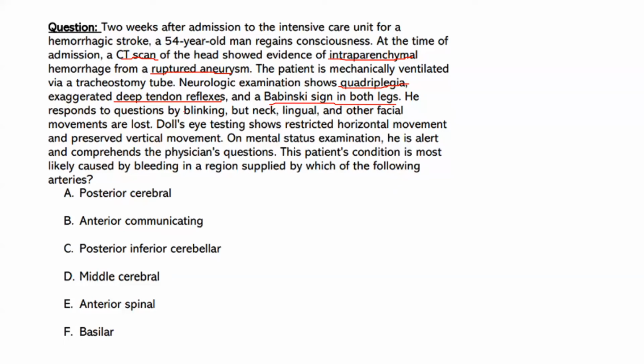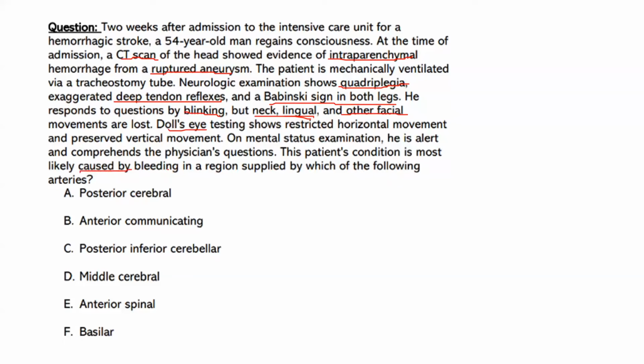He responds to questions by blinking, but he can't move his neck, he can't move his tongue, or any of his other facial movements. All right? They did a doll's eye test, and it shows restricted horizontal movement, but preserved vertical movement. And on a mental status exam, he's alert and comprehends the physician's questions. This patient's condition is most likely caused by bleeding in a region supplied by which of the following arteries?